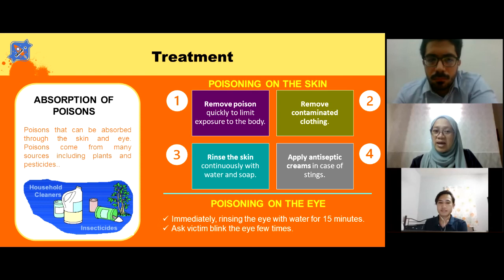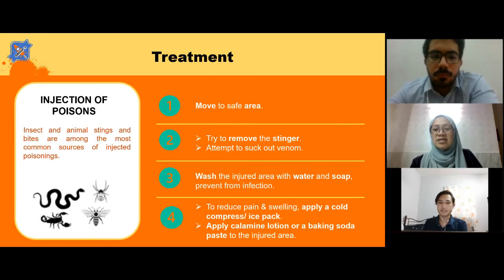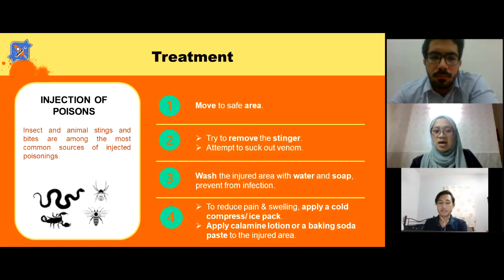We move to the last treatment, which is caused by injection. Injection of poison, insect and animal stings, and bites are among the most common sources of injected poisons. Here, I listed 4 steps to assist the patient. First one, move to a safe area. Second one, try to remove the stinger.